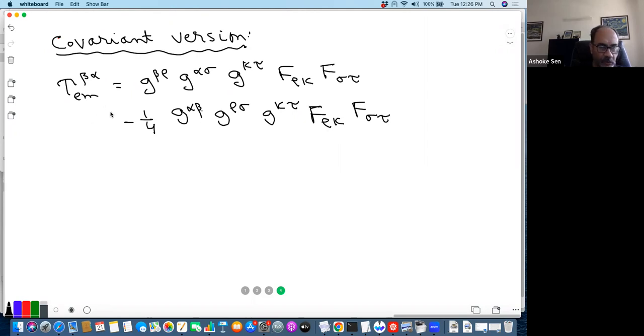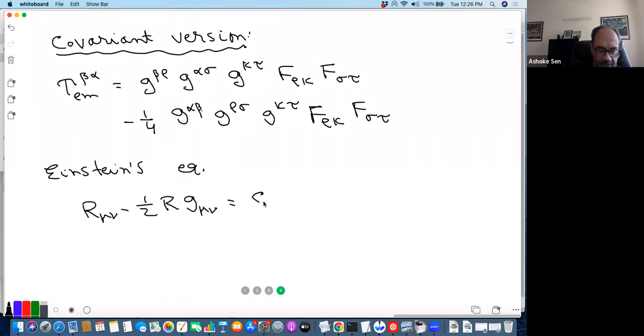And then the Einstein's equation takes the form of R mu nu minus half R G mu nu equal to C times Tx mu nu, where C is a constant, right?